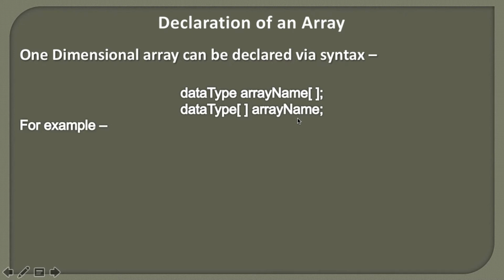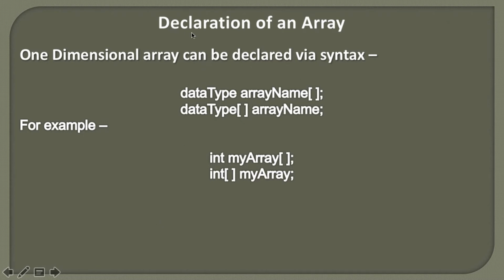For example, if you want to declare an integer array, we can simply provide int, and then our own customized variable name. Here I have just given it as myArray, and then the square brackets. Similarly we can write int, square brackets, and then the variable name.